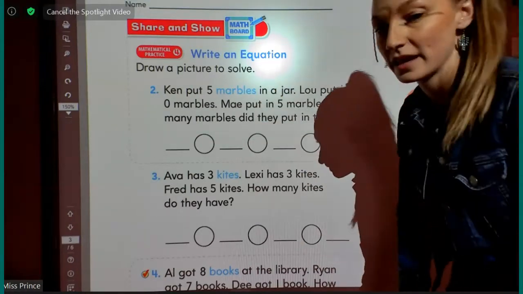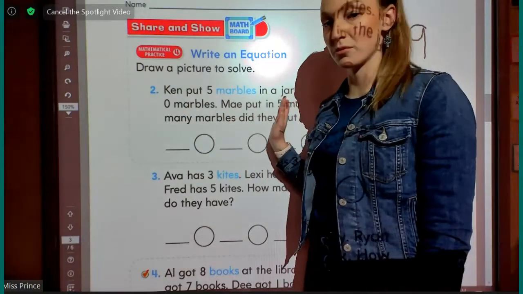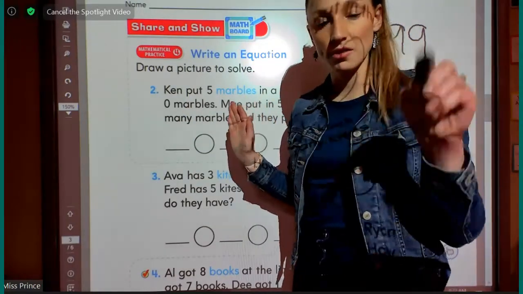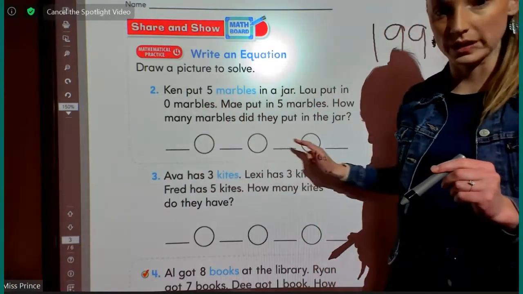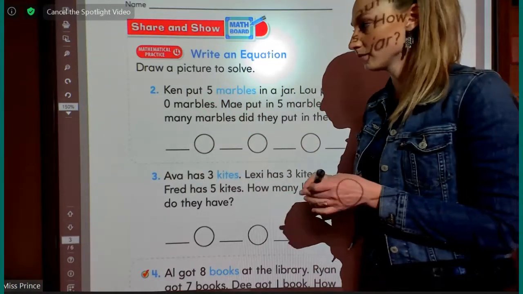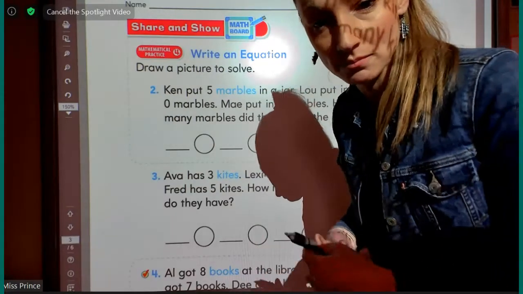Perfect. Okay, Kieran, I'm going to read the problem through. We're going to circle the important information, and then we're going to fill in the equation, okay? Do you want to read it?